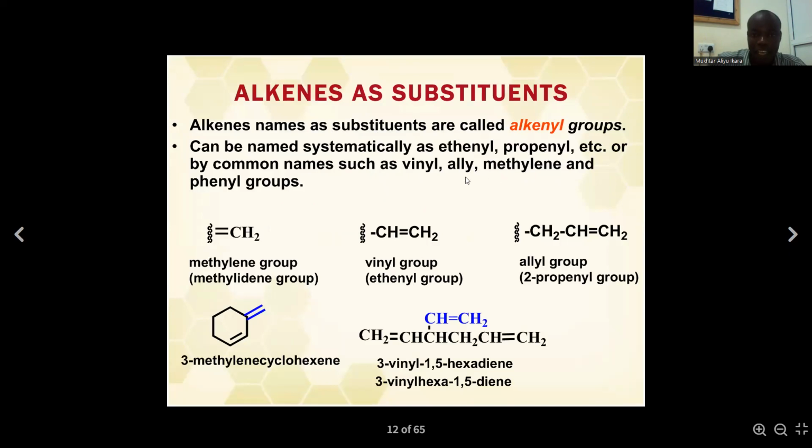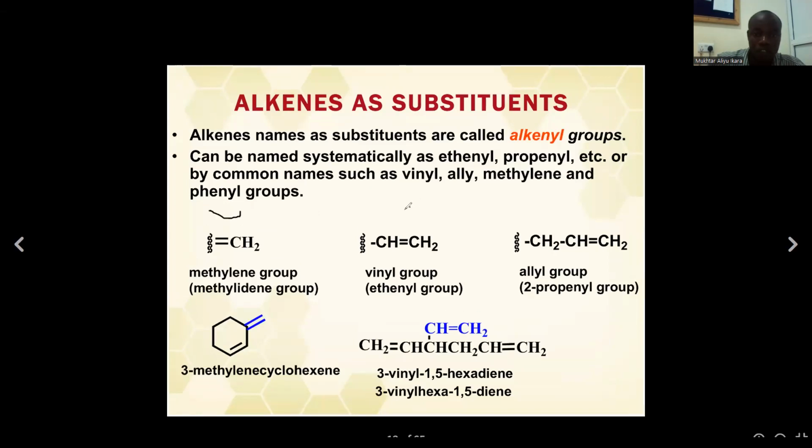Propenyl is allyl, and we also have methylene and phenyl groups. So you see, this one is methenyl, this one here is methylene, and this one is vinyl or ethenyl. But this one means that they are appearing as a substituent, and this one is the allyl group.